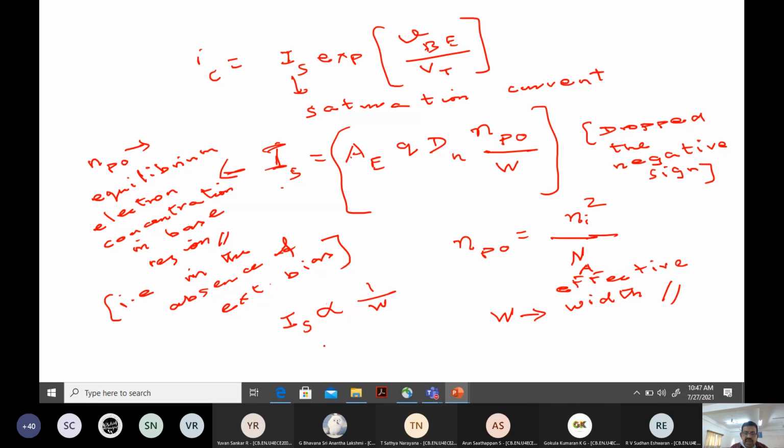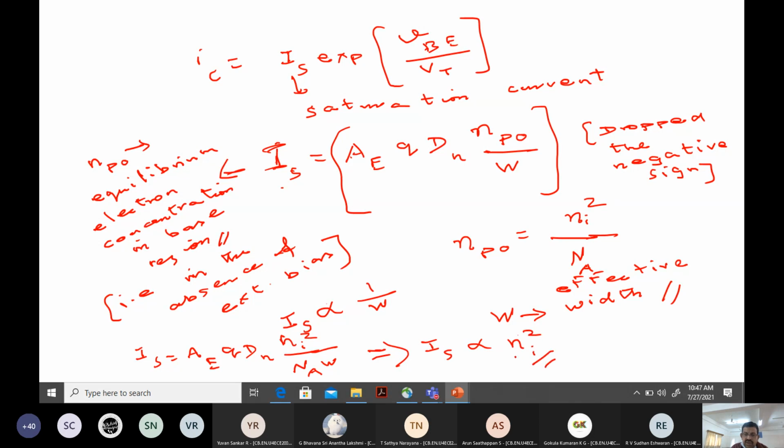What will you get? IS equal to A_E q D_N Ni square by Na W. So IS is also proportional to Ni square.